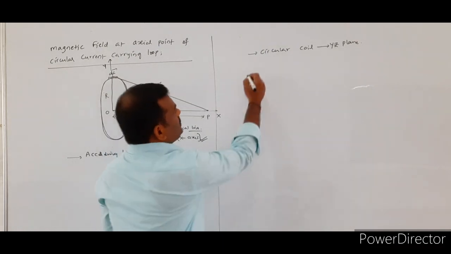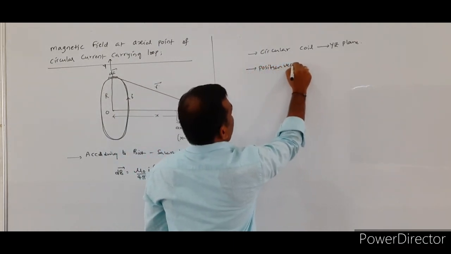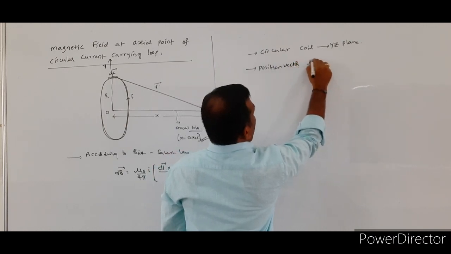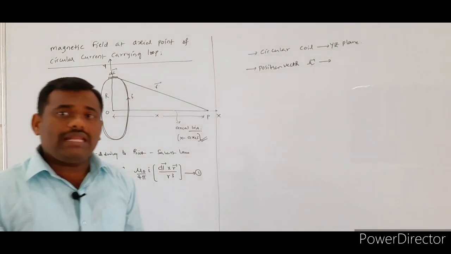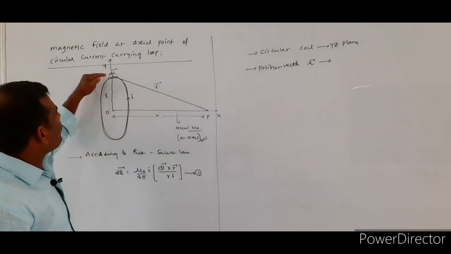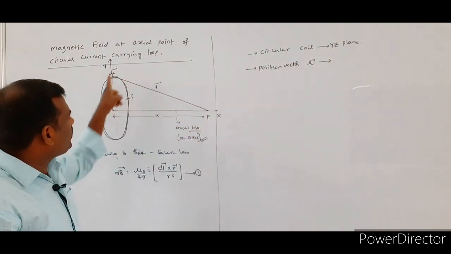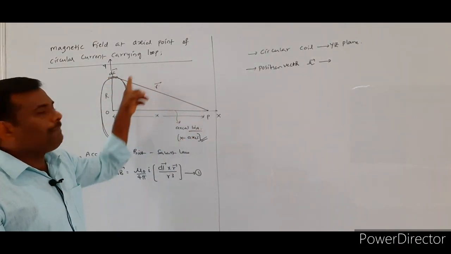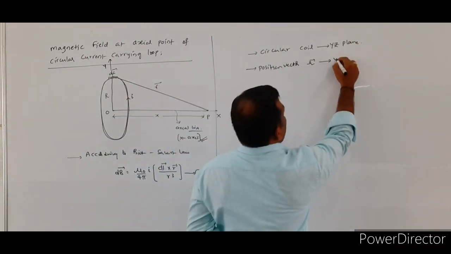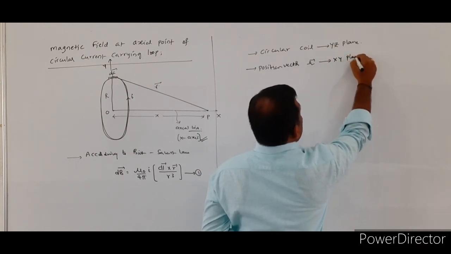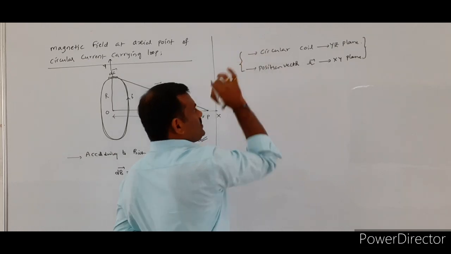And the position vector r bar will be placed, see here, this point is the y-axis, and this point is the x-axis. If you look at the diagram, r bar will exist in the XY plane.